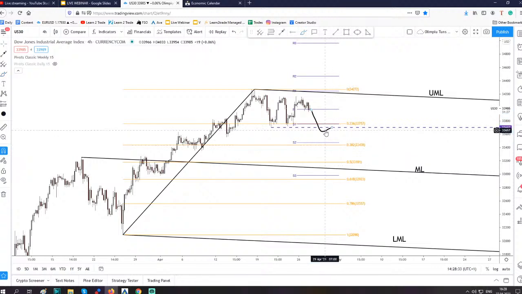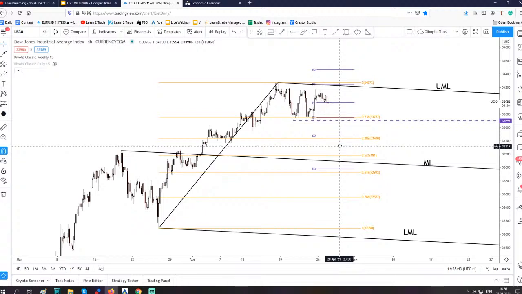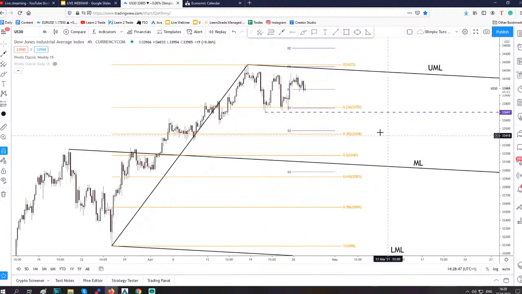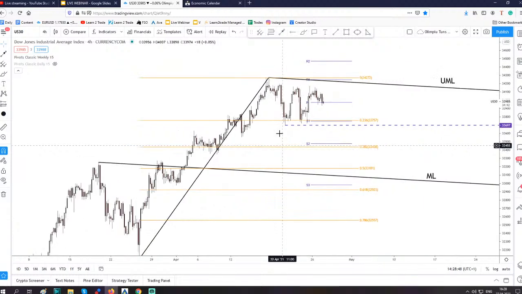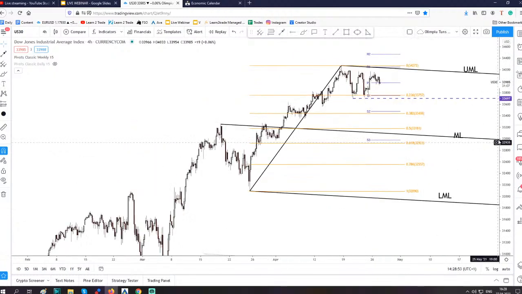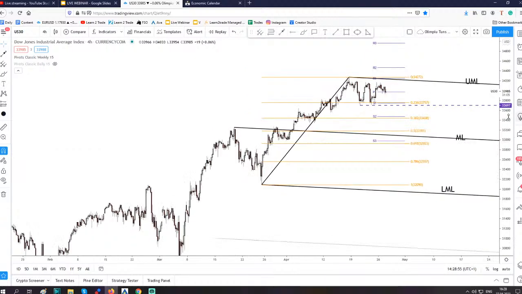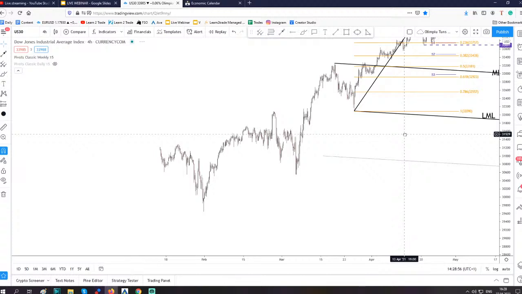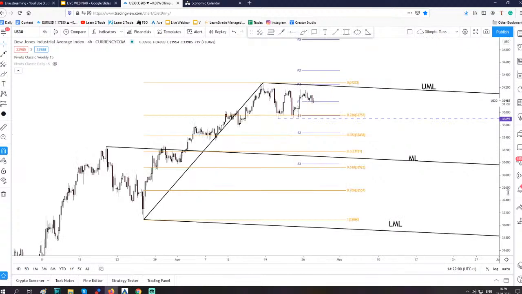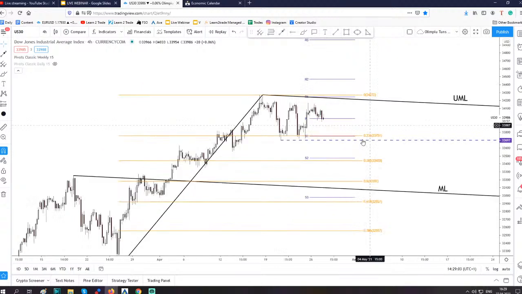So we are in a sideways movement here within a range, and we have to wait for the price to bring us confirmation. And as I told you on Friday, the bias is still bullish. Okay, so we have a strong uptrend, so the bias is bullish, and the current accumulation, sideways movement, or a temporary decline here, retreat, could help us guys to catch a new upside movement here on the US 30.